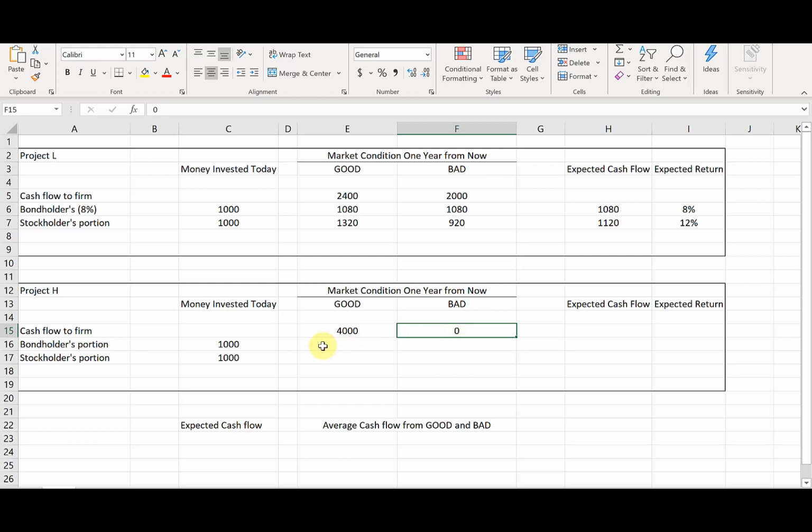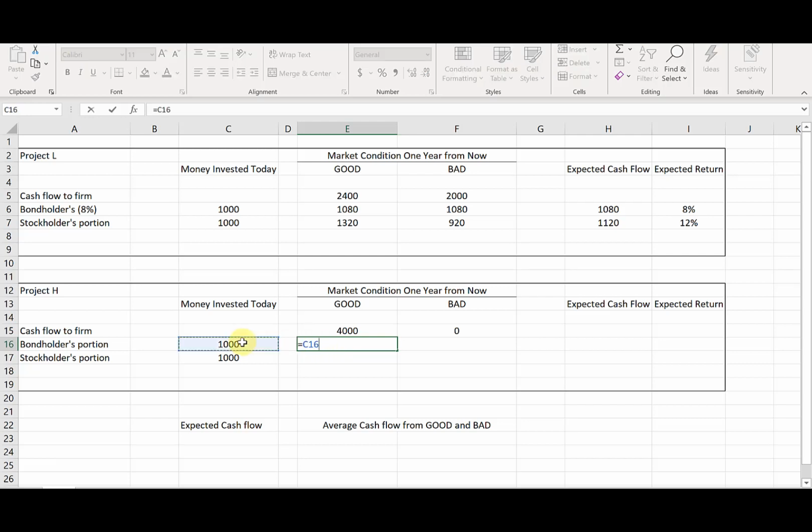In this scenario, if they do take Project H, let's see what the bondholders and stockholders would receive in each of these scenarios. If the economy is good, again, it's an 8% interest. So the bondholders would receive 1,000 times 1 plus 0.08.